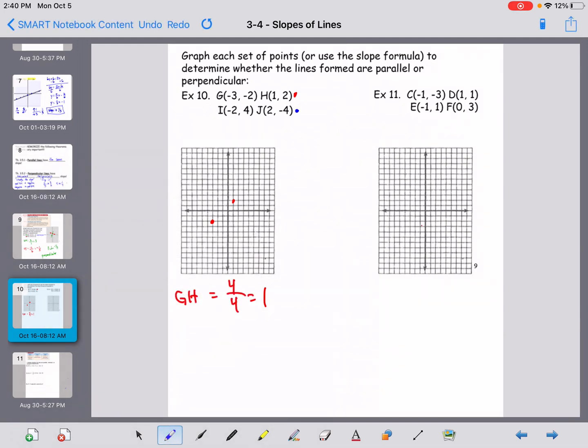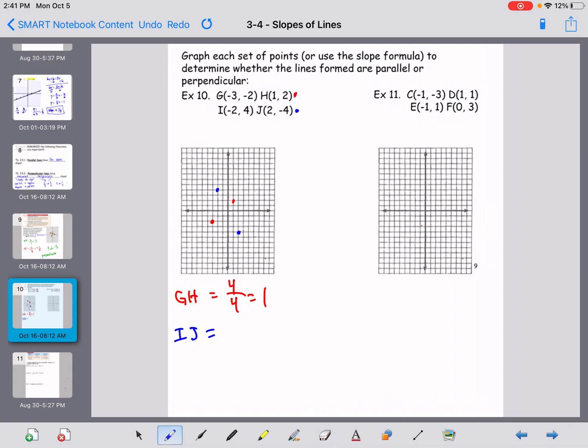All right, and let's look at IJ. I is -2, 4. Let me double check that. And now I'm going to go J. I'm going to go to -4. Let me erase this tiny, tiny blue dot.